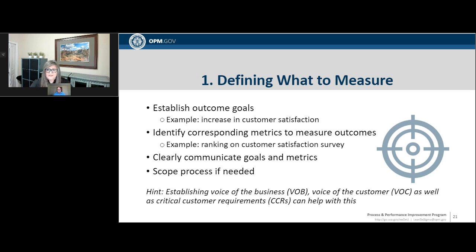It could be something like assessing the timelines from the point of initial application of an individual to when someone is actually onboarded in that seat. So thinking through what we actually want to measure and the reasons for doing so, what that data would tell us about those future improvements.